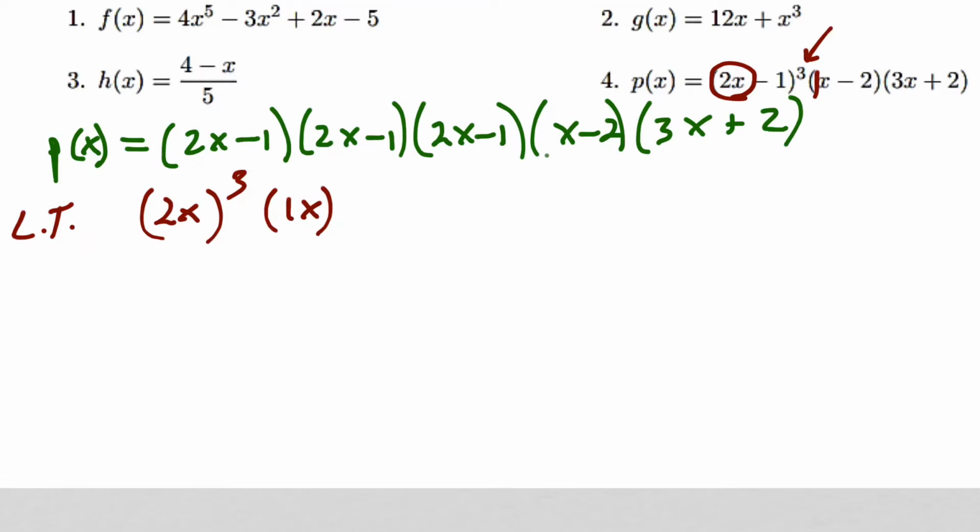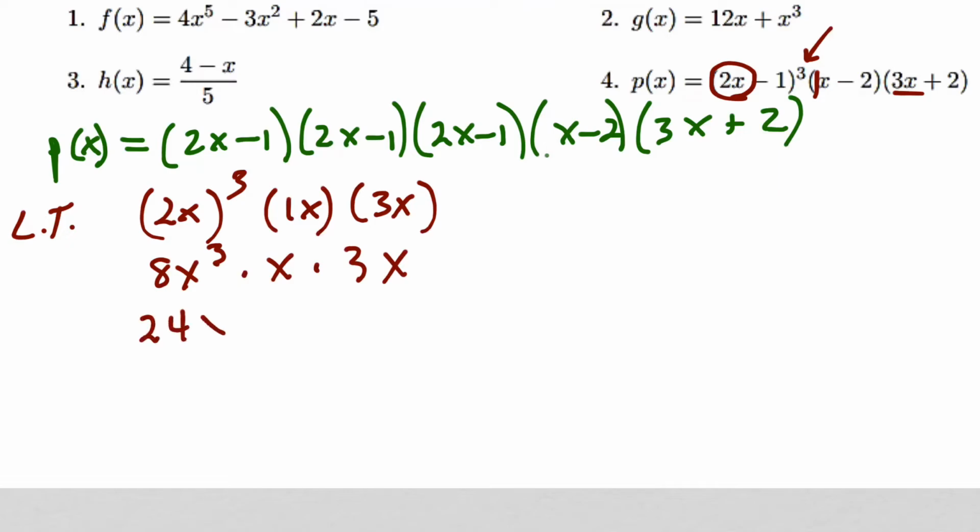And then I've got a 3x here. So if I expand that out, I'm going to have 2 times 2 times 2. That's 8x cubed times 1x times 3x. So that's 24. So that's, let me count my x's. I got 3, 4, 5 x's. Okay, so my leading term is going to be 24x to the 5th.